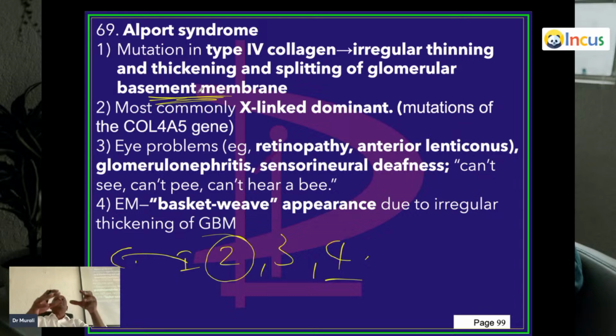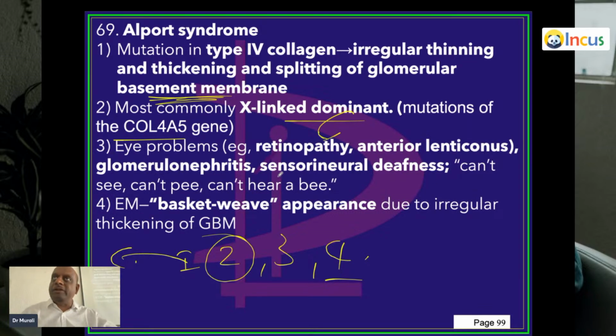This kind of alternating thinning and thickening with splitting will give what is called the basket weave appearance of GBM. It is an X-linked dominant condition because the COL4A5 gene is affected. COL is for collagen, 4 is for type 4. And what are the problems that you will have?